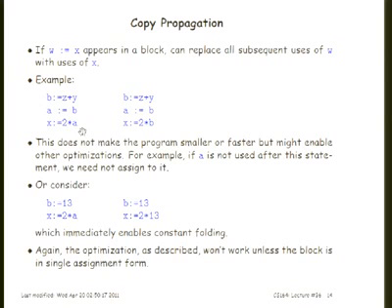Well, A comes from B, so we could just as easily use 2 times B. Now, why would you want to do that? Well, the interesting thing is that A might not be necessary later on, so it could be that we can get rid of this assignment altogether.